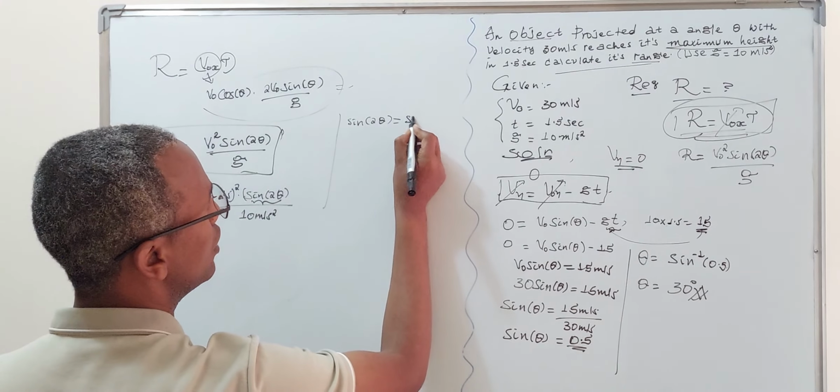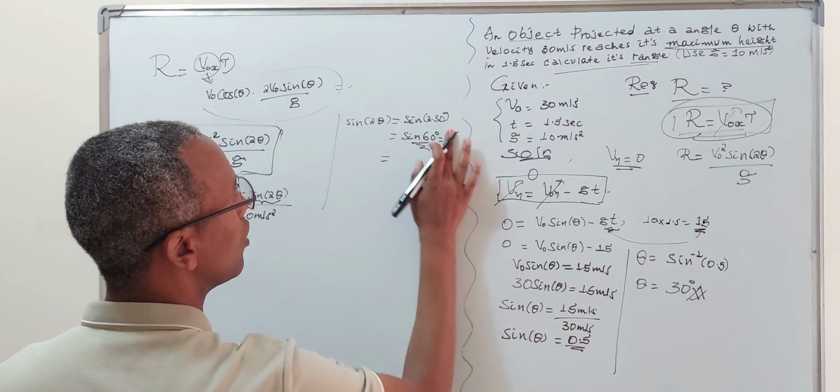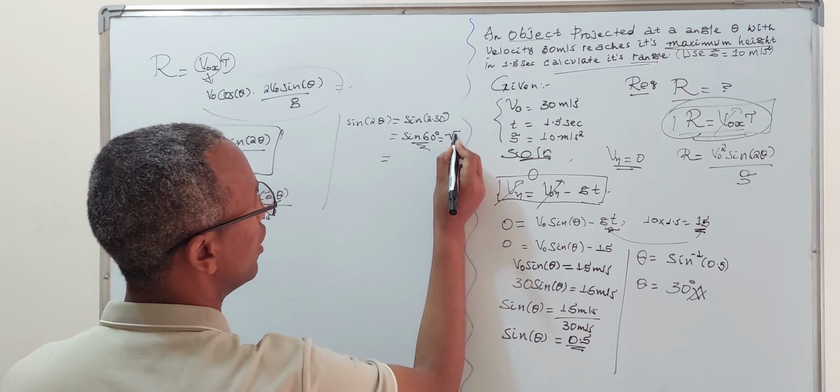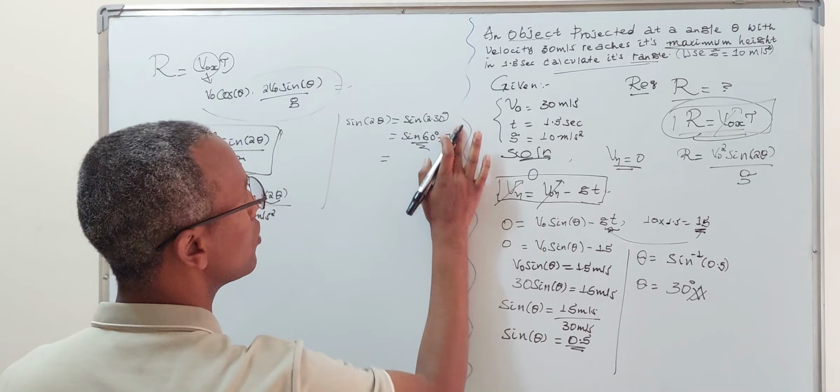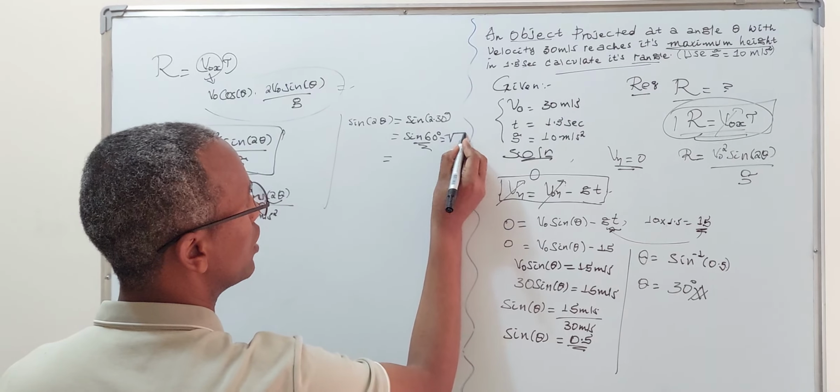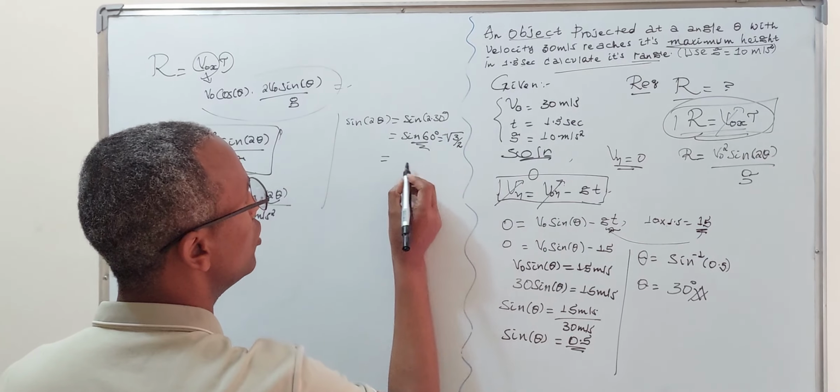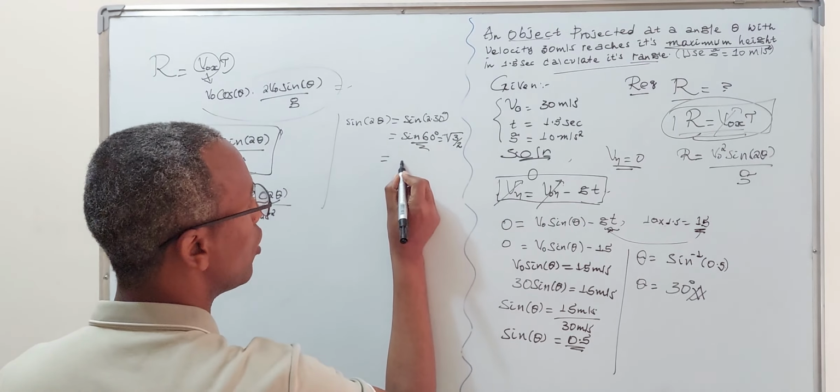Sine 60 degrees is the square root of 3 over 2, which is approximately 0.866. That is the approximate value of sine 60 degrees.